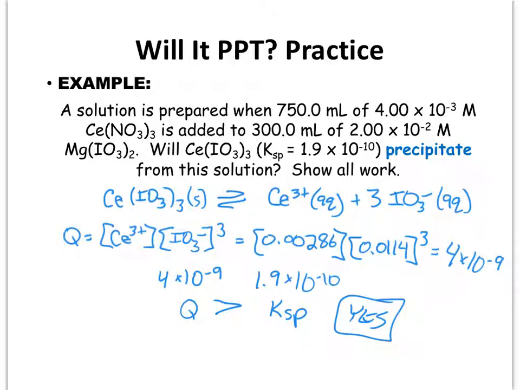Okay, so I know all you're really answering is yes, a precipitate will form, but you do have to show all your work to prove this. So you need to find the number of moles of each of the ions in the precipitate, find the total volume of the solution, and then you find the concentration of each of the ions, and then you can plug that into your Q and compare Q to Ksp. If Q is greater than Ksp, then a precipitate will form.